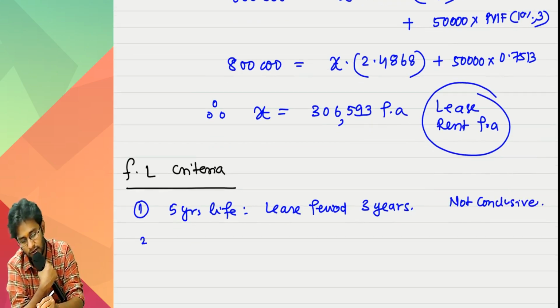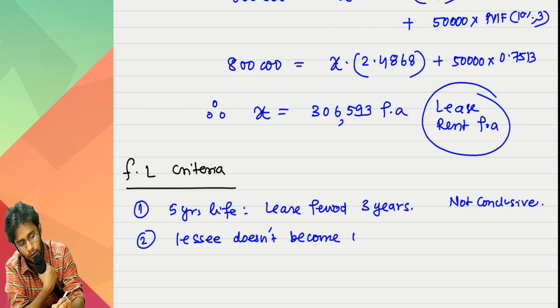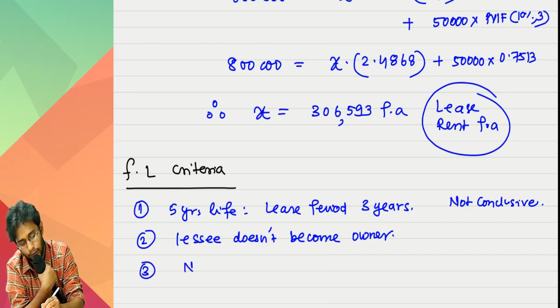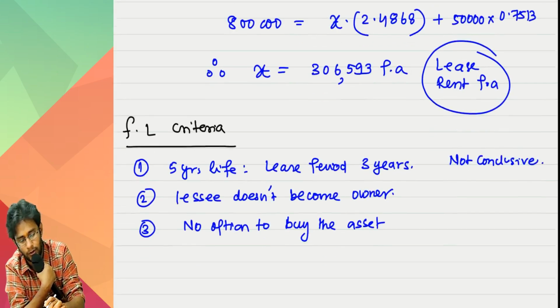Second point, lessee does not become owner automatically on the payment of the last installment. Third one, there is no option to buy the asset at a cheaper price, and it is not reasonable.